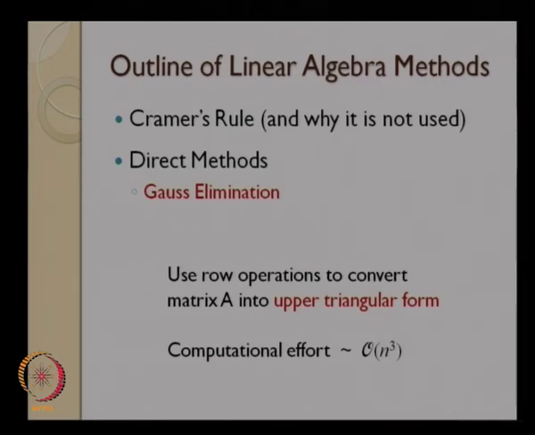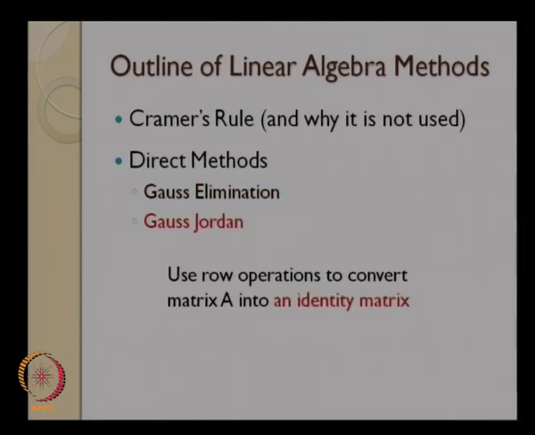The next method we talked about was the Gauss-Jordan method. In the Gauss-Jordan method we use row operations to convert the matrix A not into an upper triangular matrix but into an identity matrix, and whatever is left of the matrix B in the juxtaposed matrix AB is going to be the solution x.